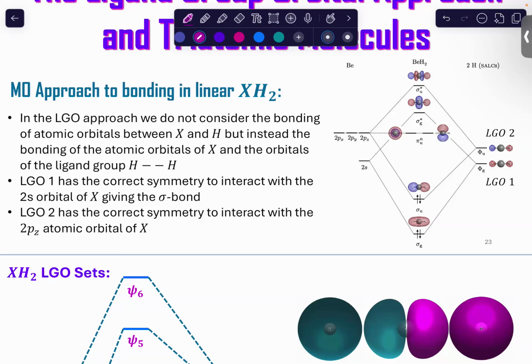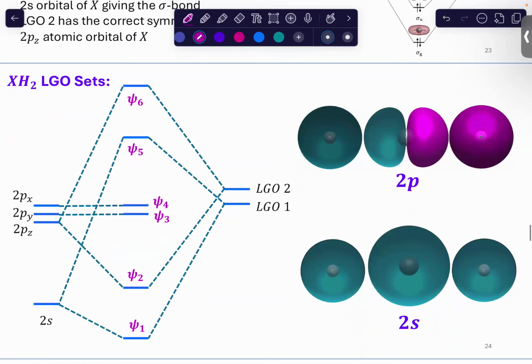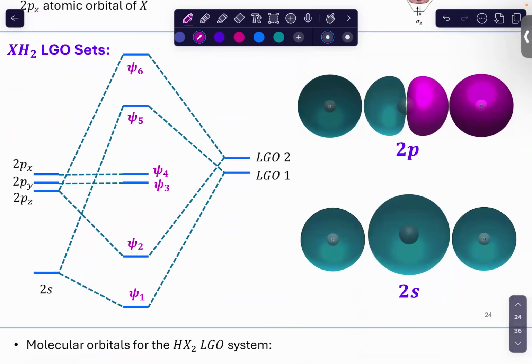Then you take, for example, the two hydrogens off as a single group. This is easier to look at because the hydrogens only have a 1s, so we only have two possible symmetries. Ligand group 1 is where they're both in phase. Ligand group 2 is where they're out of phase. And so we're going to start to get molecular orbital structures that are a little more complex than what we've dealt with before.